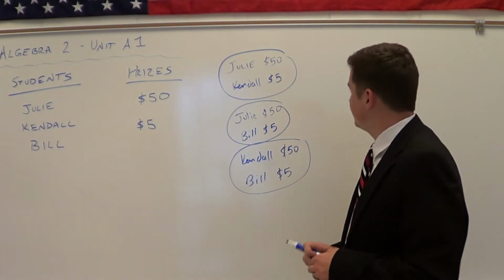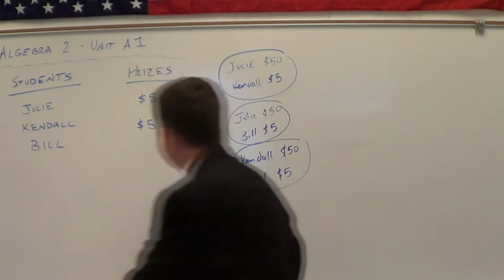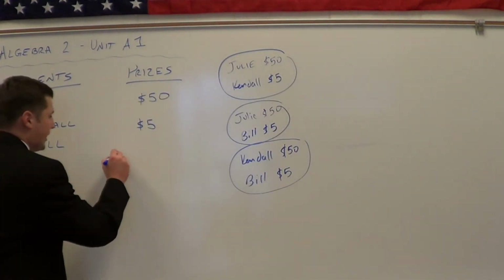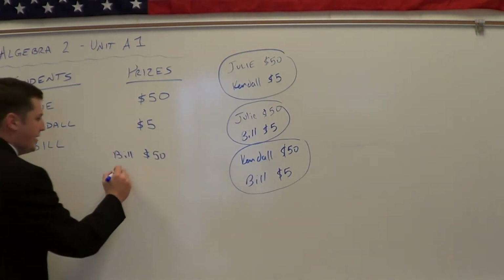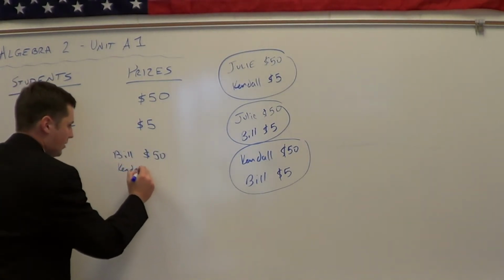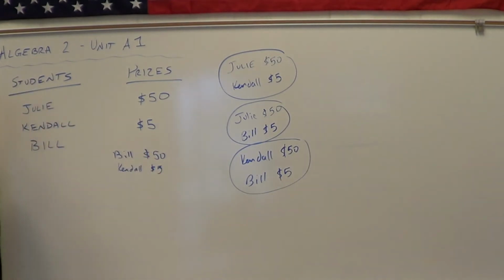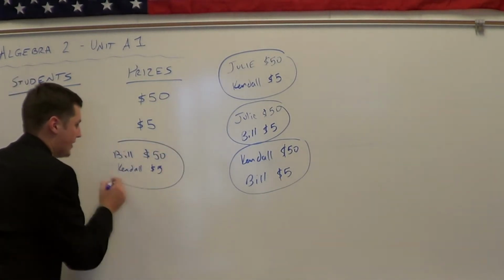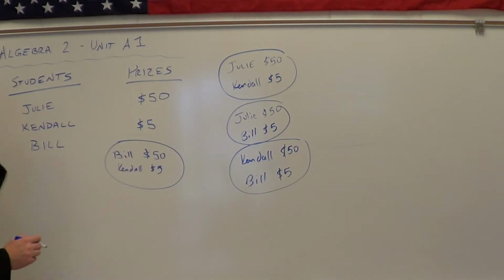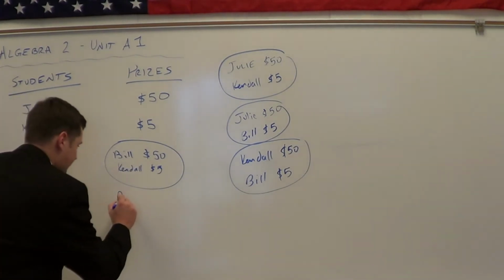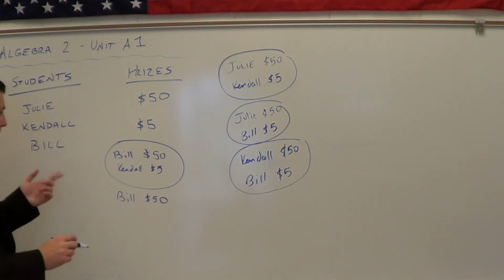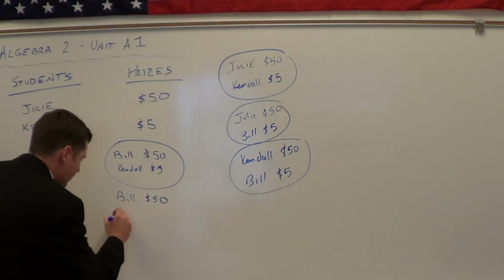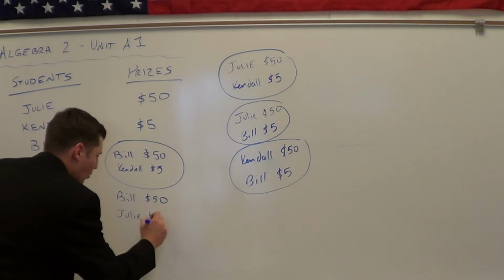So there's 3. I think there's still some more. Bill could get $50 and Kendall could get $5. That's way number 4. Another way, Bill could get $50 and let's say maybe Julie would get $5.